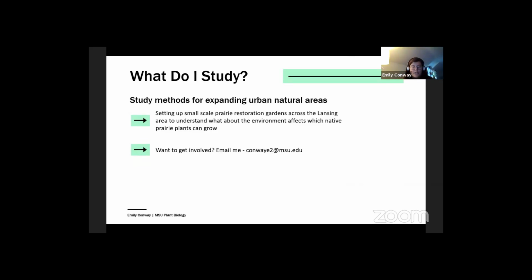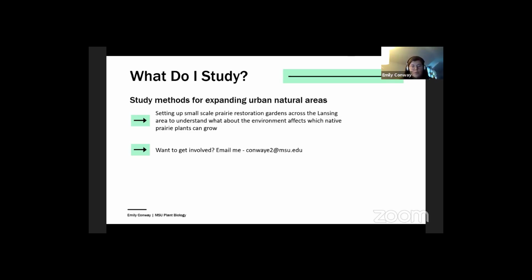Another way that I'm planning on studying urban ecology is by studying methods for expanding the amount of natural areas in urban environments. So I'm doing this by setting up a lot of small-scale prairie restoration gardens across the Lansing area, because I want to understand how the environment affects which plant species can grow.